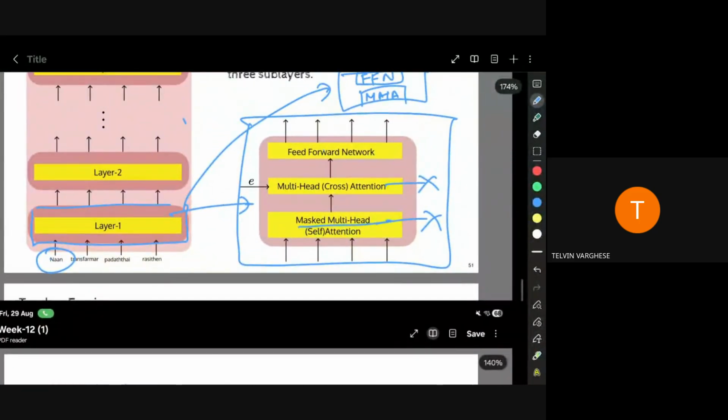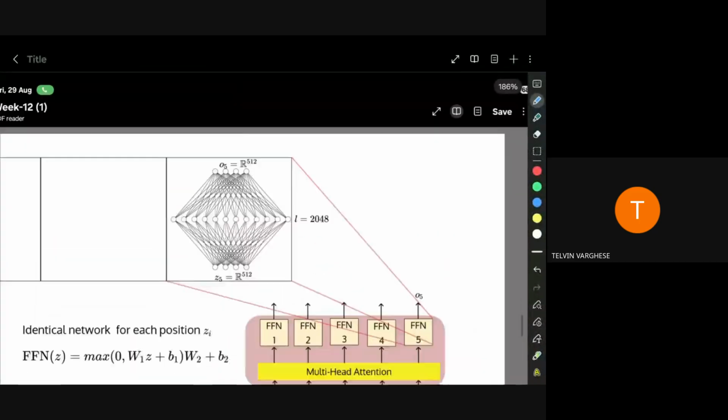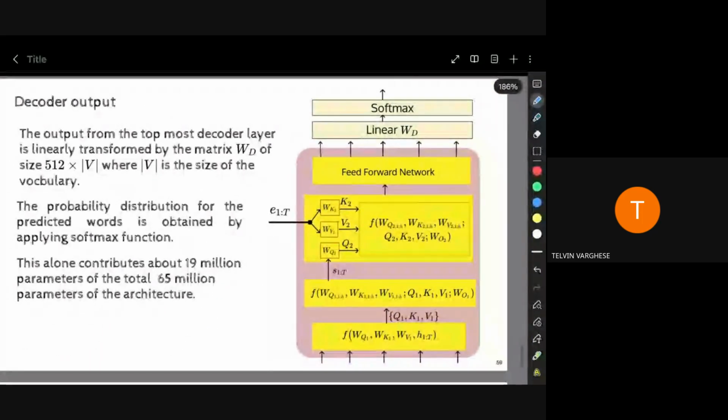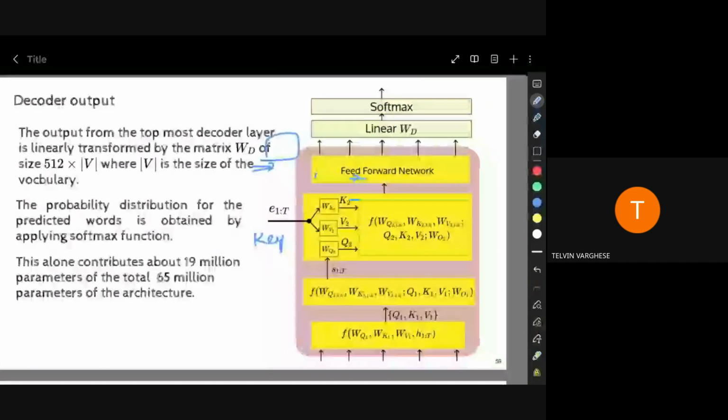Now another is multi-head cross attention. So let me go to multi-head cross attention. From the encoder, whatever the encoder gives you is some form of matrix.